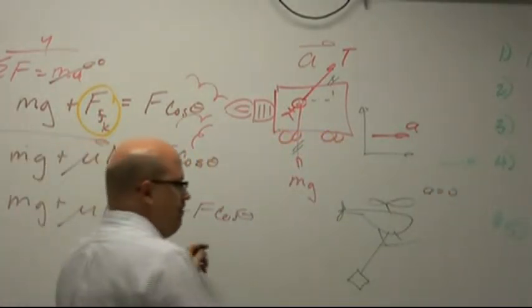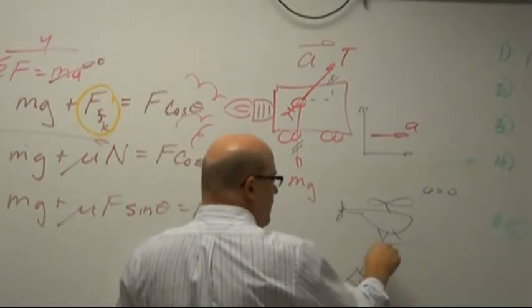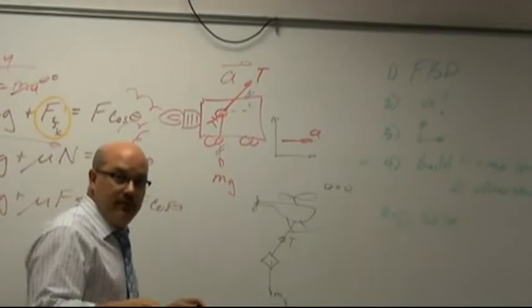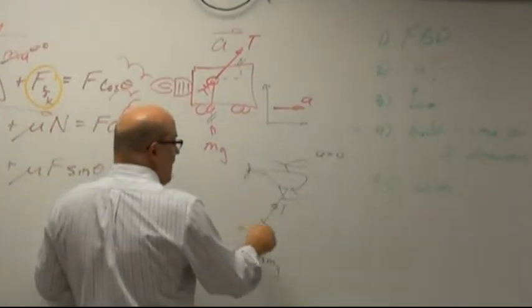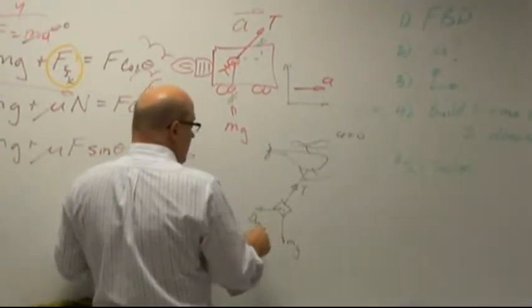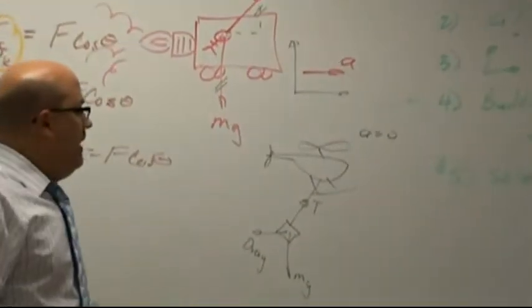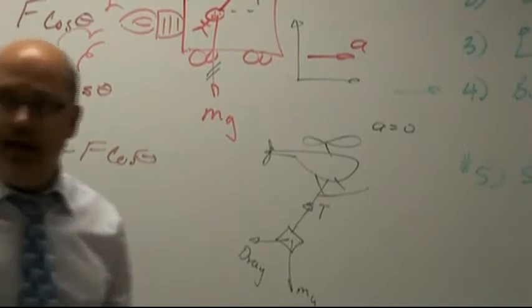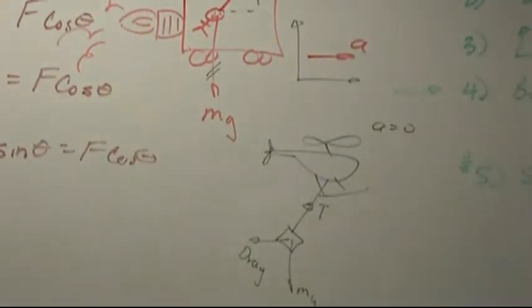They cancel out, right? You got tension, you got mg, and then you got to have something else. Air drag. Yeah, you got air drag, and the drag is in the opposite direction you're going. Now in this case, these three forces cancel. Okay? All right, how are we doing?